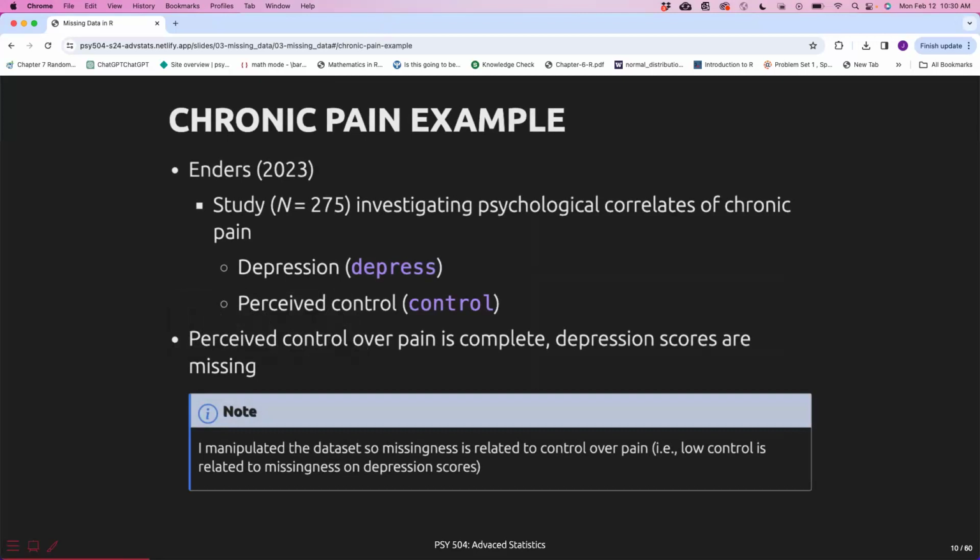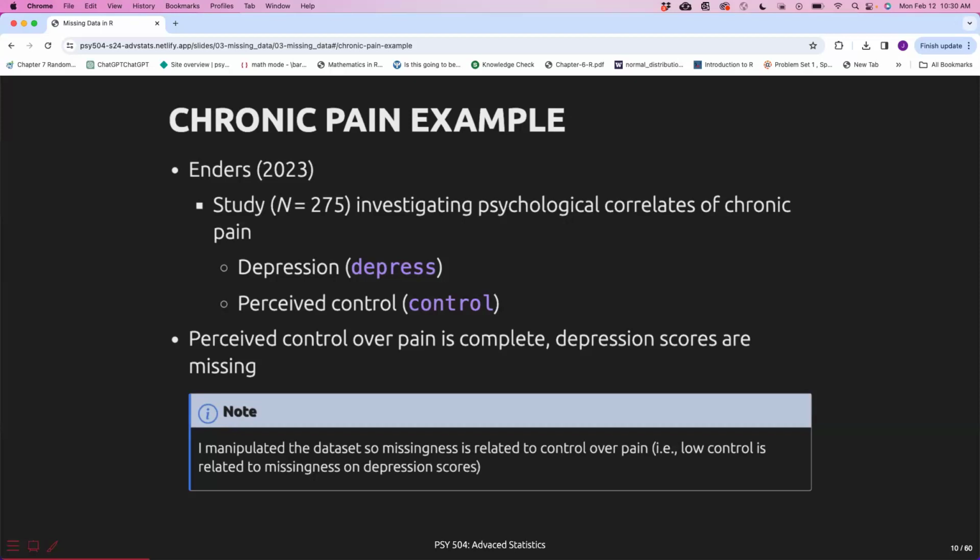There are 275 participants, and a whole host of different factors that he's looking at. These are psychological correlates of chronic pain. What we're going to be interested in are two variables from that data set: depression and perceived control. How does low perceived control of pain relate to depression scores?